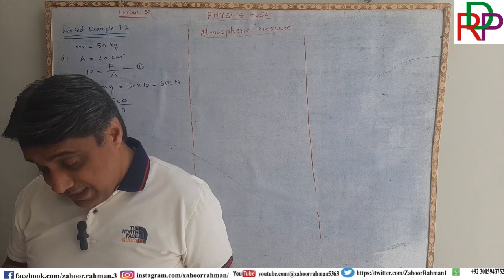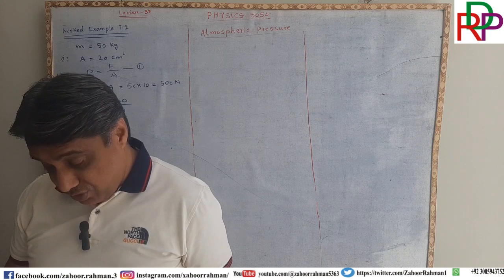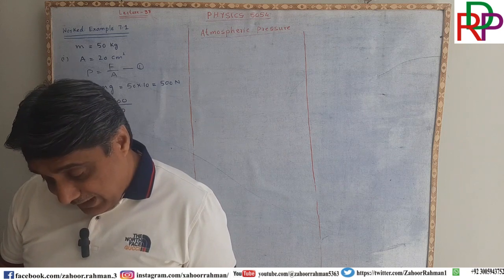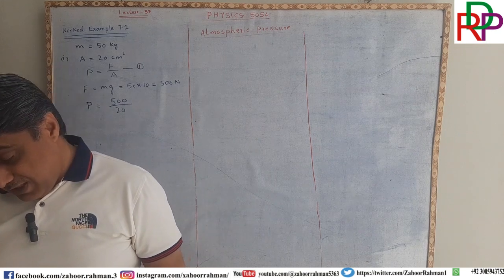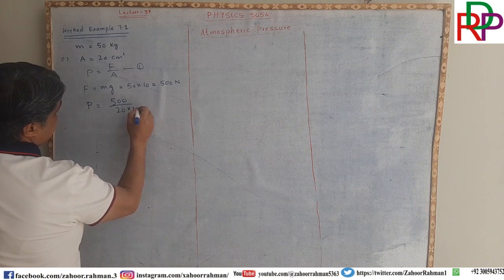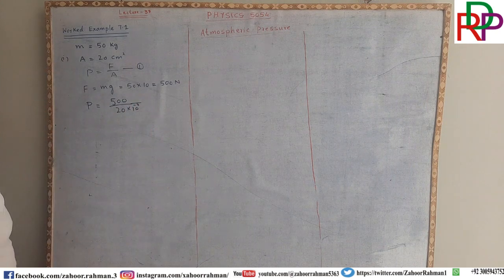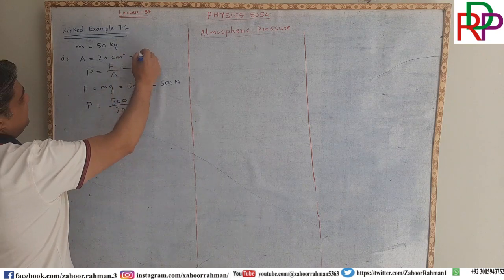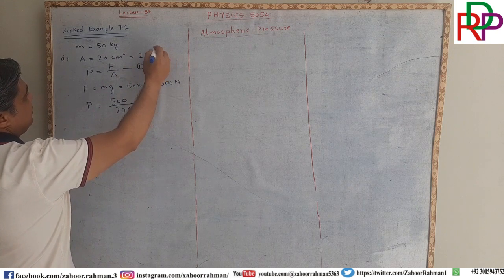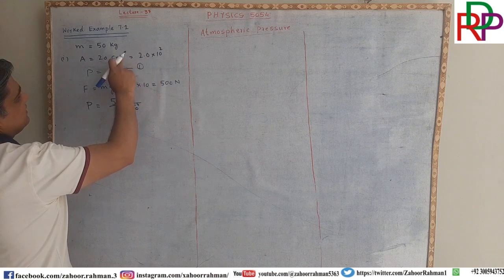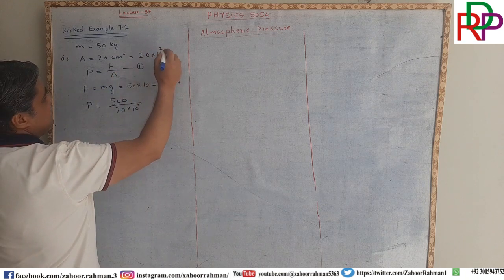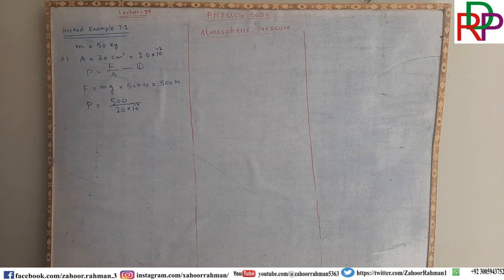So they gave us 500. The area is given in centimeter square, so 20 is 2.0 into 10 raised to the power 1, and because it is centimeter square, when we take the square to convert to meter, it will become 10 raised to the power -4.